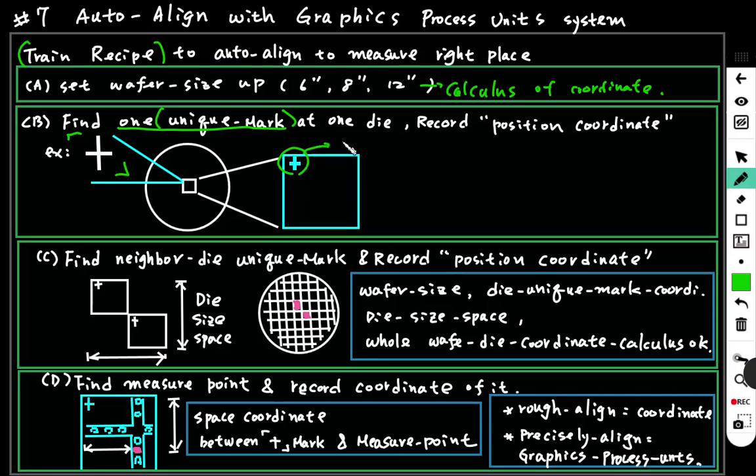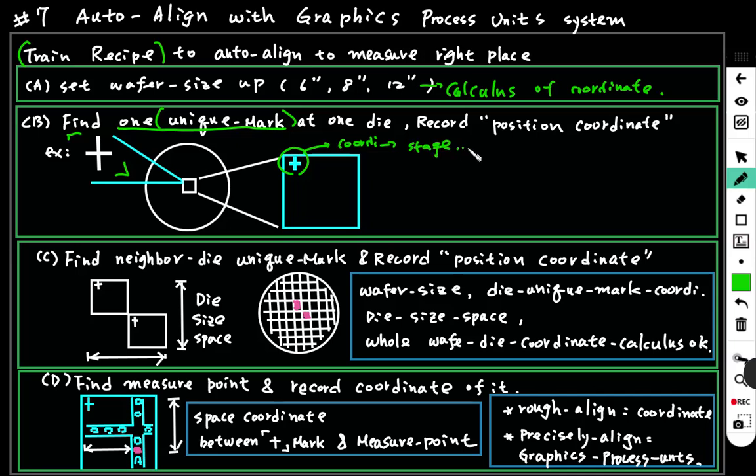We have its coordination. The coordination we are going to record from the coordinate stage.